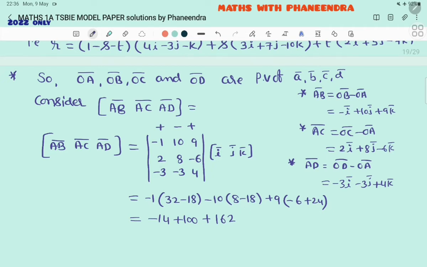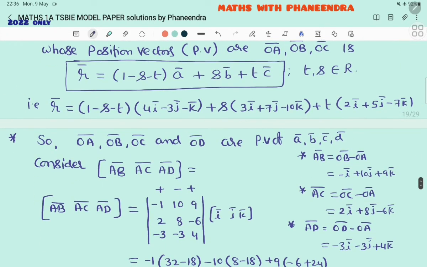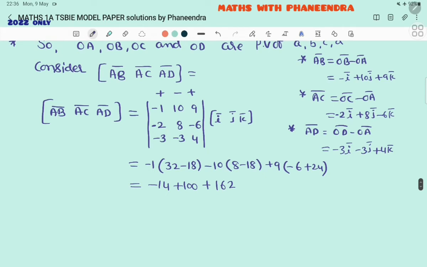So here, OC minus OA, once I will check that. 2i minus 4i is minus 2i, so it will change automatically. Here minus 14 will be okay, and here 140 will come. Why? Because minus 10 into minus 8 minus 18, so plus 18 will come at that time.